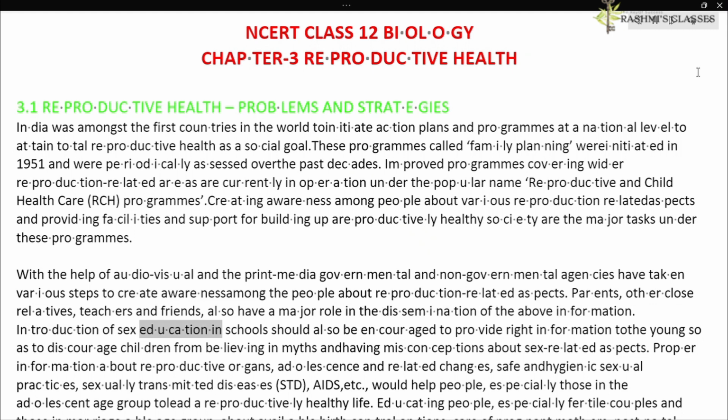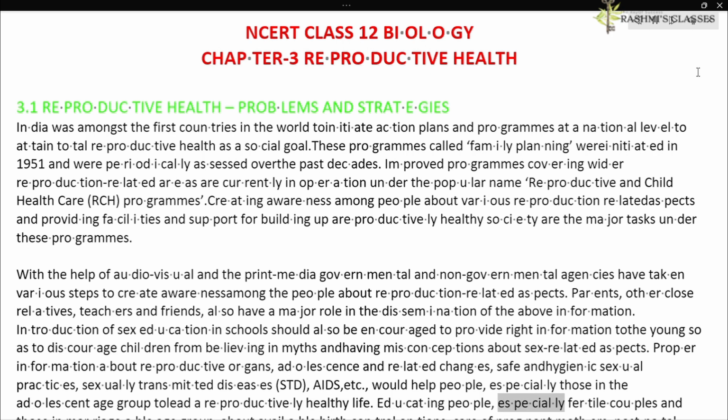Introduction of sex education in schools should also be encouraged to provide right information to the young so as to discourage children from believing in myths and having misconceptions about sex-related aspects. Proper information about reproductive organs, adolescence, and related changes, safe and hygienic sexual practices, sexually transmitted diseases (STD), AIDS, etc., would help people, especially those in the adolescent age group, to lead a reproductively healthy life.